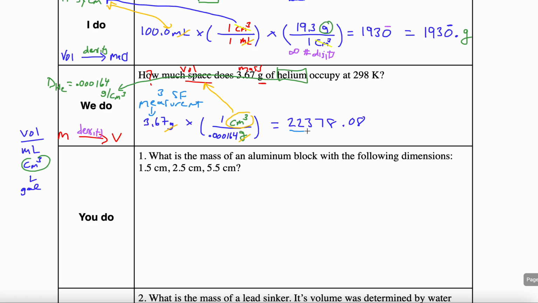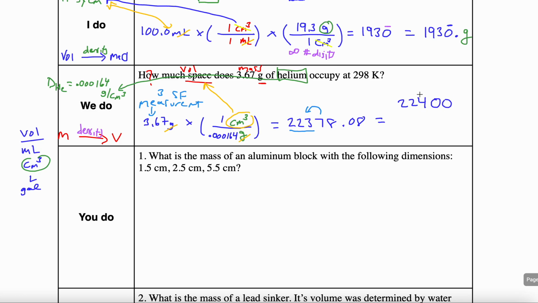Here they are, the 223, but the 7 makes the 3 round up. So my sig figs are 224, but 224 is a very different value than 22,378. So that means I need to add a couple of trailing zeros to get the value to be maintained. So 22,400 is a very similar value to 22,378.